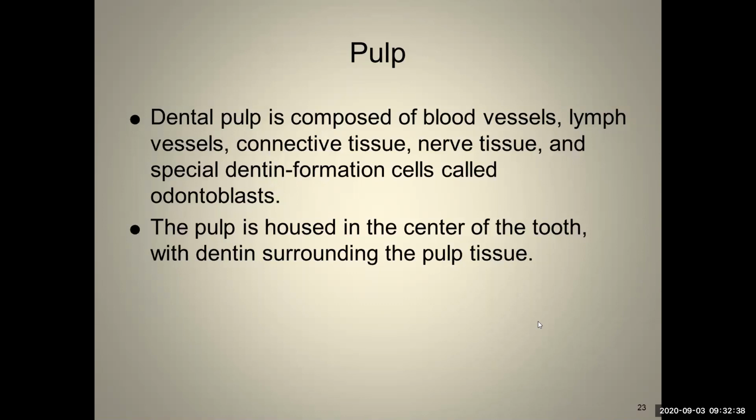So that's where all the activity is taking place, within the pulp. The pulp is housed in the center of the tooth with dentin surrounding the pulp chamber, and outside of the dentin, you then have your enamel and your cementum. The pulp is considered soft tissue.